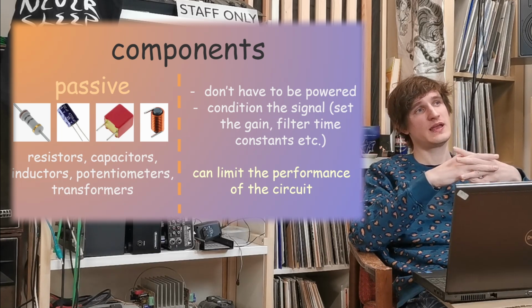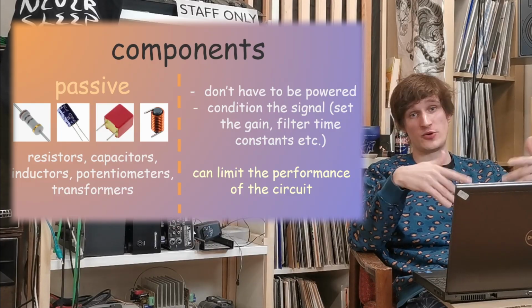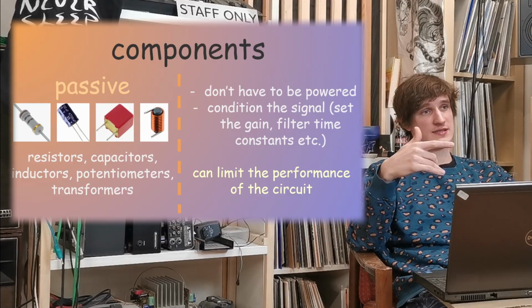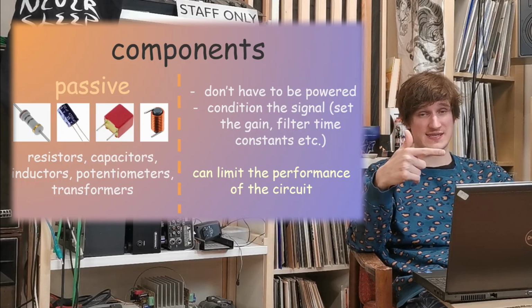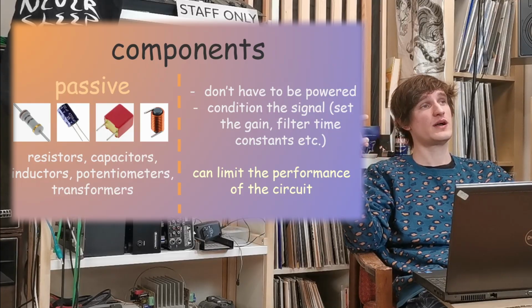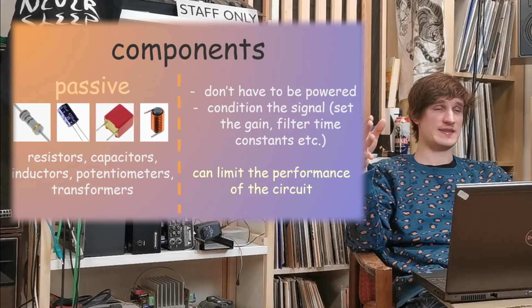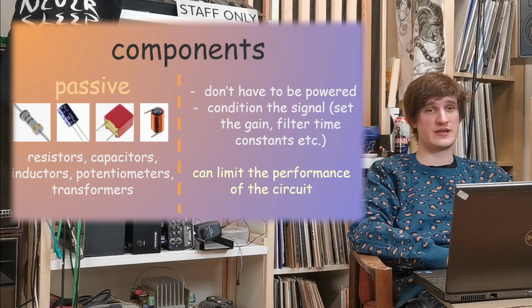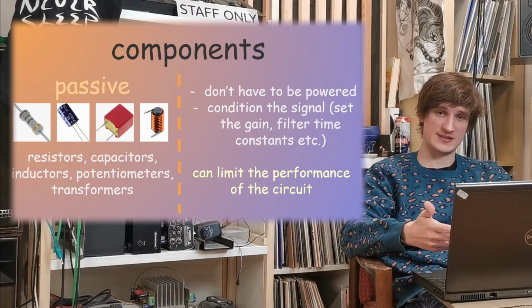Because, for example, when you browse the datasheet of an op-amp and the manufacturer states that this op-amp in these conditions has, for example, minus 120 dB of THD, you can't take it for granted.